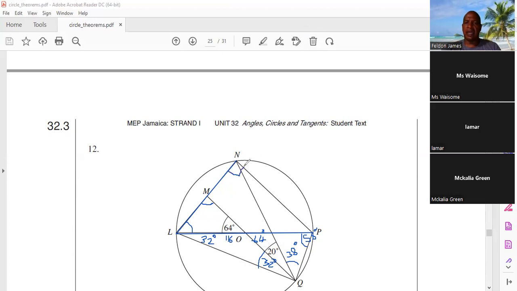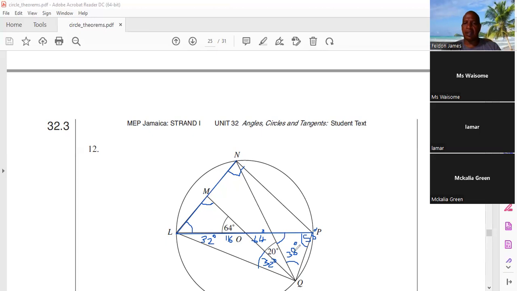So all of this would be 90. That much we know. And we know that this here, if we know that this is 58 and this is 38, we could figure out this angle here.